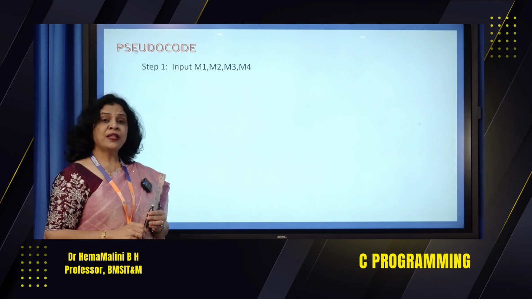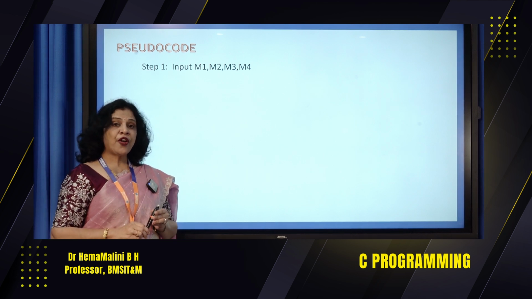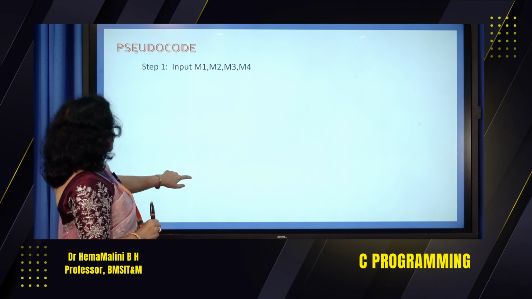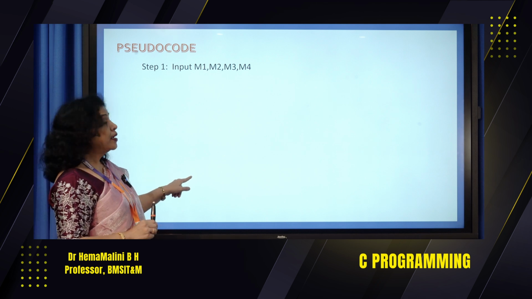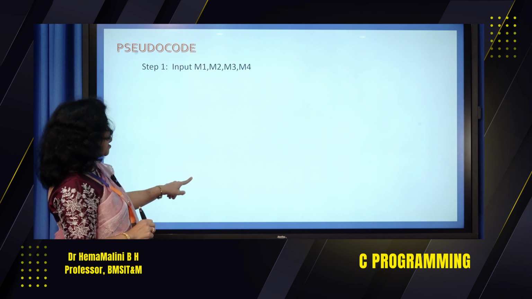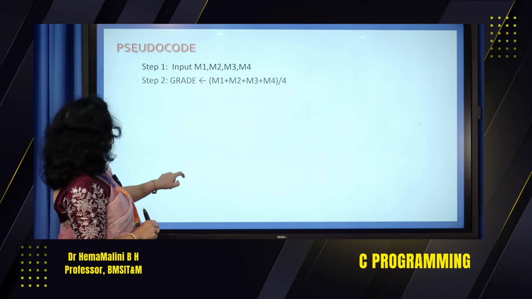Now, for the same question, if we have to write a pseudocode, let us see how to write it. Step 1, input the 4 marks, say M1, M2, M3, M4.